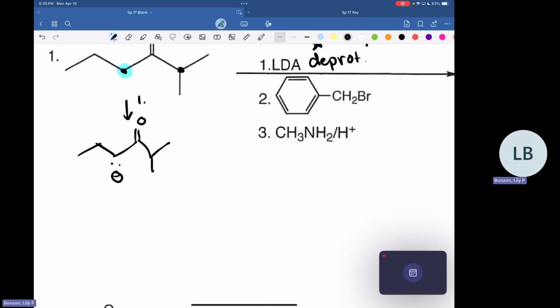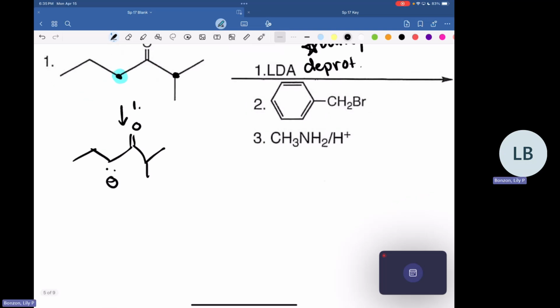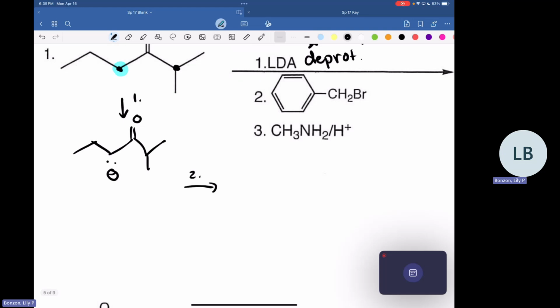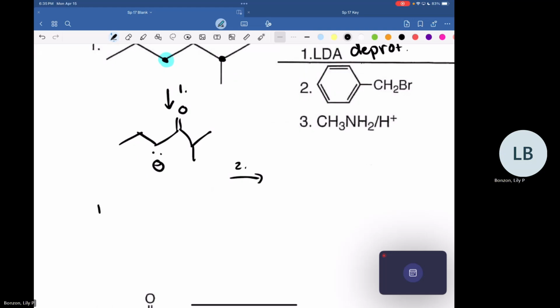We have a benzyl bromide. So the carbanion is going to attack the carbon, and then the bromine is going to get kicked out, kind of like an SN2 reaction.